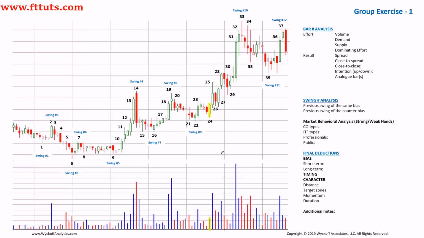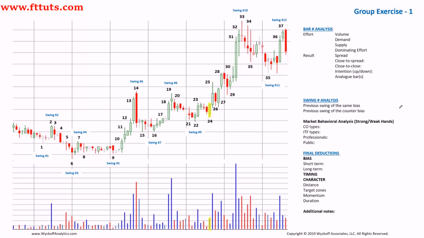It's kind of a medium-sized spread to the upside, medium-sized volume bar. But what do you think is significant about this bar? Is there anything that we could extract as the information on the confirmation of the bias, or what should happen next, or how would we compare this bar to maybe previous bars?